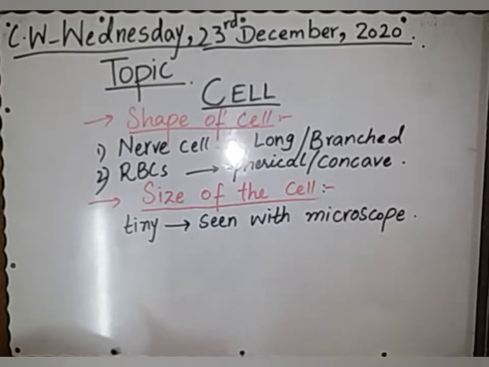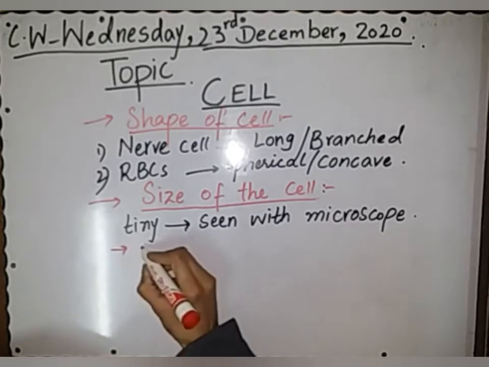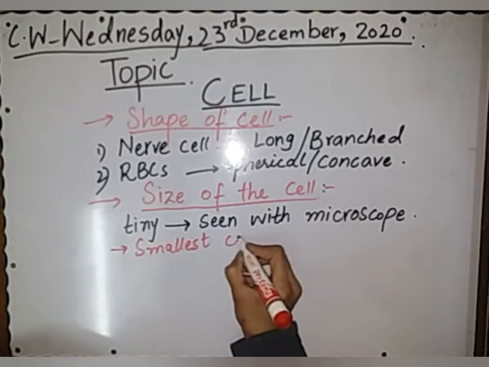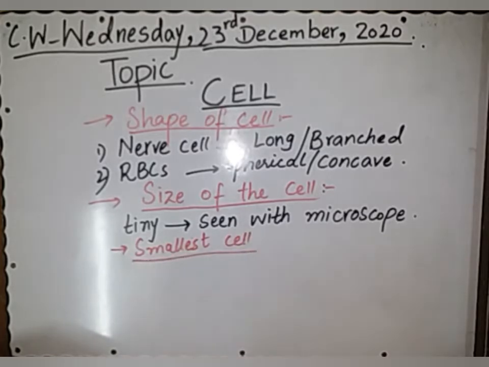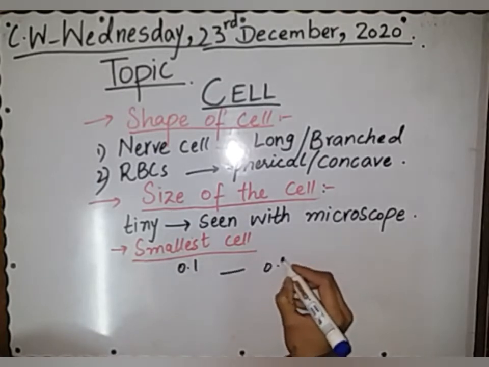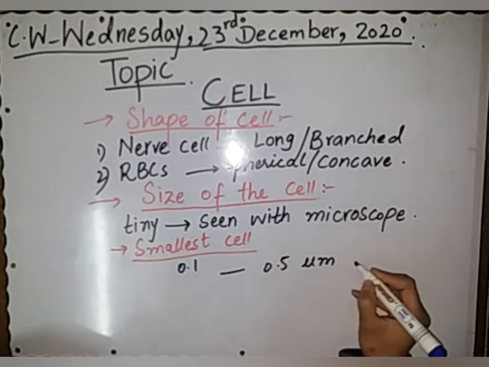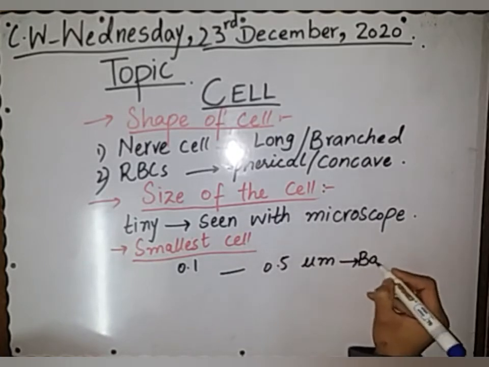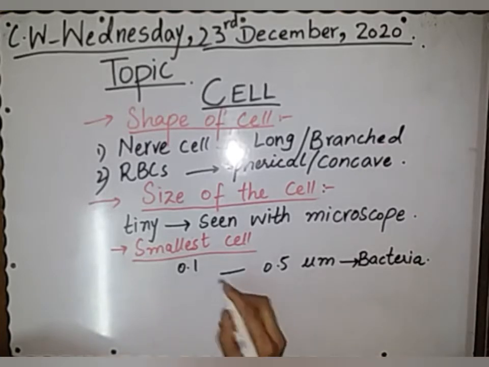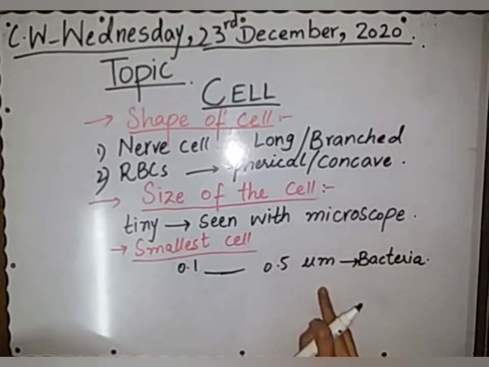Students, now let me explain the smallest and the largest cell that is present. First is the smallest cell. The size of the smallest cell is 0.1 to 0.5 micrometer, which is present in bacteria. This is the cell of bacteria with the size of 0.1 to 0.5 micrometer.